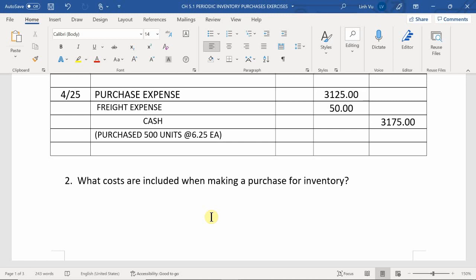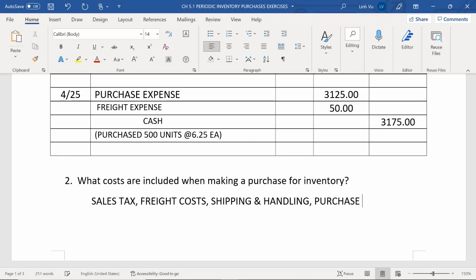Sales tax, if you are charged sales tax, good. Freight charges, shipping and handling costs, storage fees, and price of products.